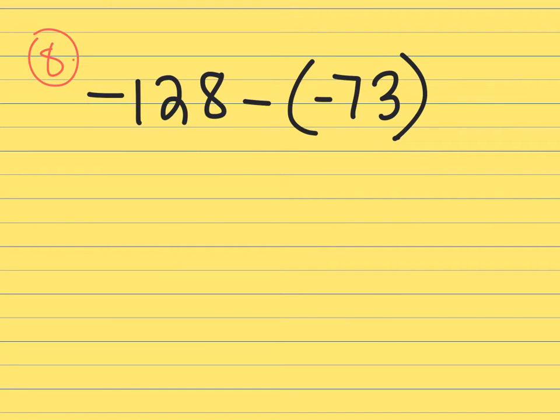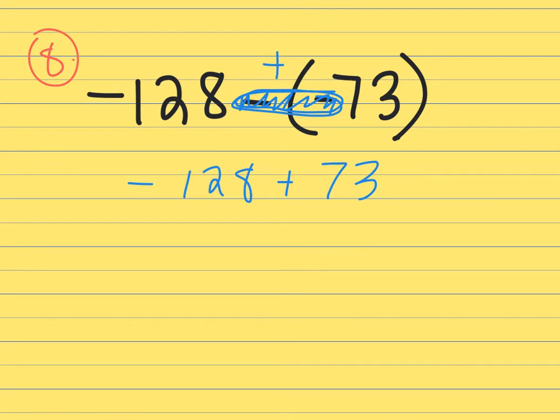This again is a subtraction problem with integers, but I do notice the double negatives right there. And double negatives together make a positive. So it's negative 128 plus 73. And now I have opposite signs. I have a negative 128, and a positive 73.